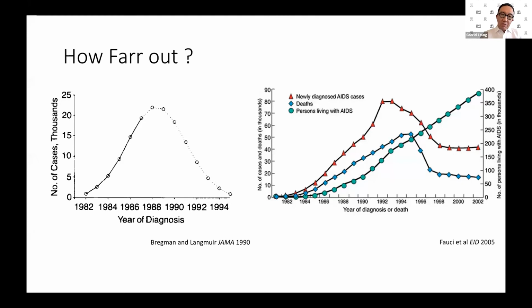There was a very famous, or rather infamous, paper published in JAMA back in 1990, looking at predicting the course of the HIV epidemic. The authors used essentially Farr's law. William Farr was a Victorian English scientist, and he basically said if you observe epidemics, they almost invariably come in this bell shape.